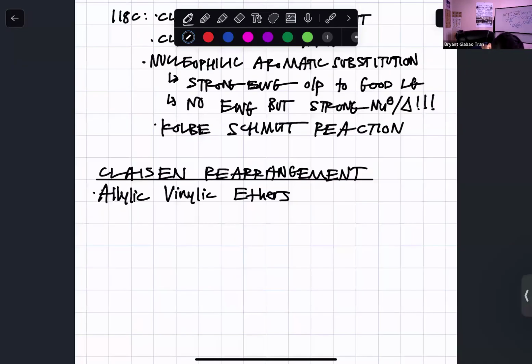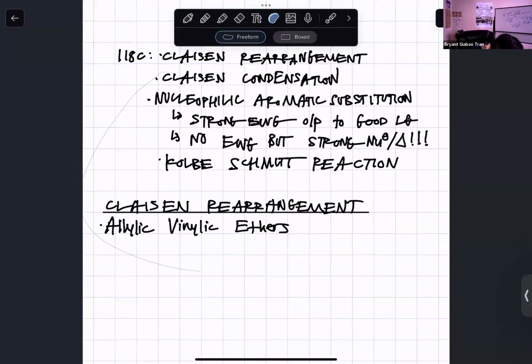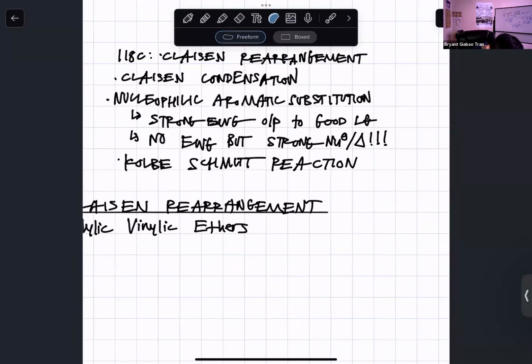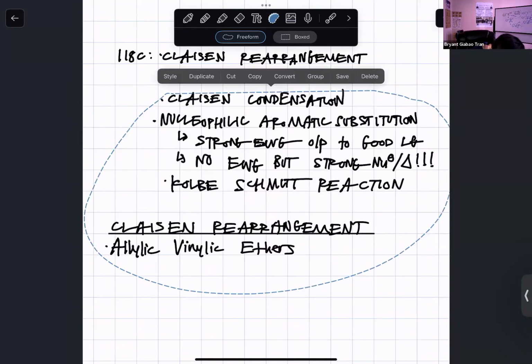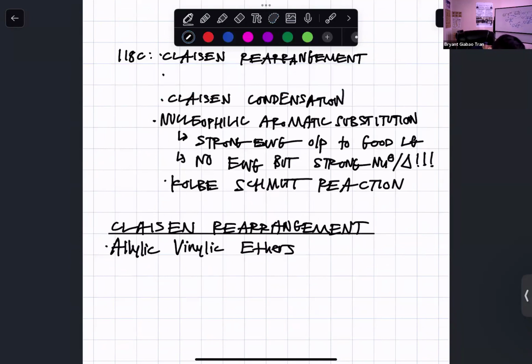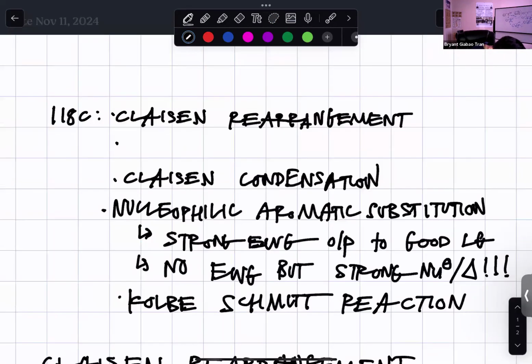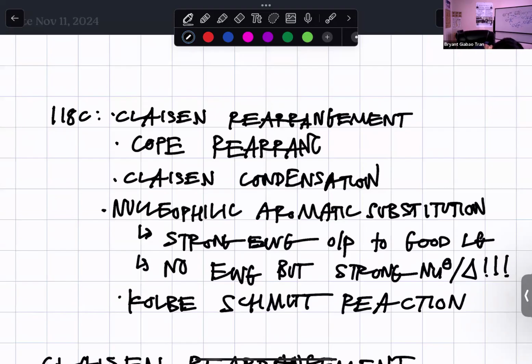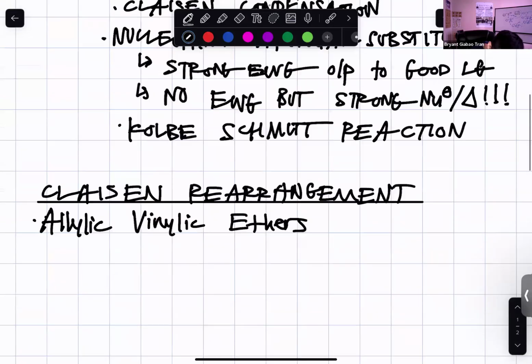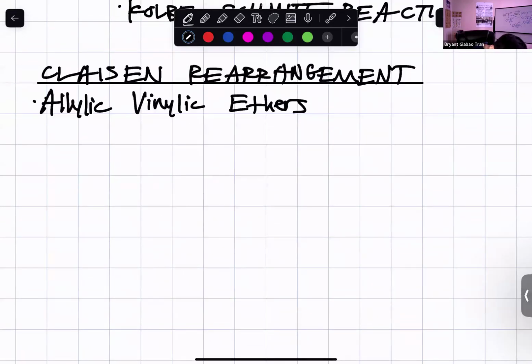And then because we're talking about Claisen rearrangement, let's also talk about the Cope rearrangement because they usually are taught together. Cope rearrangement. Where an example of an allylic vinylic ether is something like this, right?